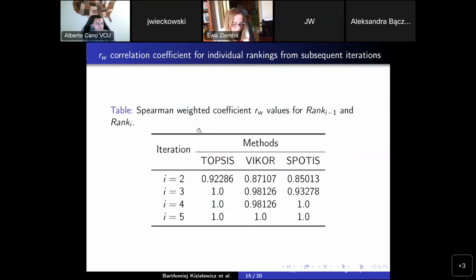And here we can see that the Spearman weighted correlation coefficient was used to assess the ranking similarity in subsequent steps of iterations, and we can see that the VCOR method was the last to achieve the perfectly same rankings. However, the TOPSIS method achieved the same ranking in the 3rd iteration, and the SPOTIS achieved it in the 4th.